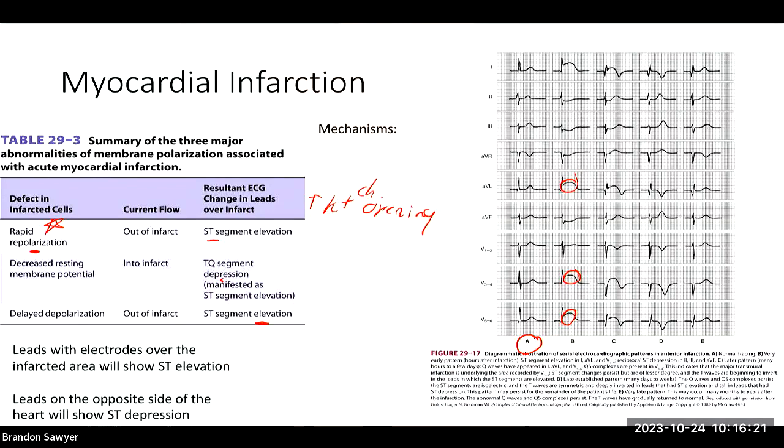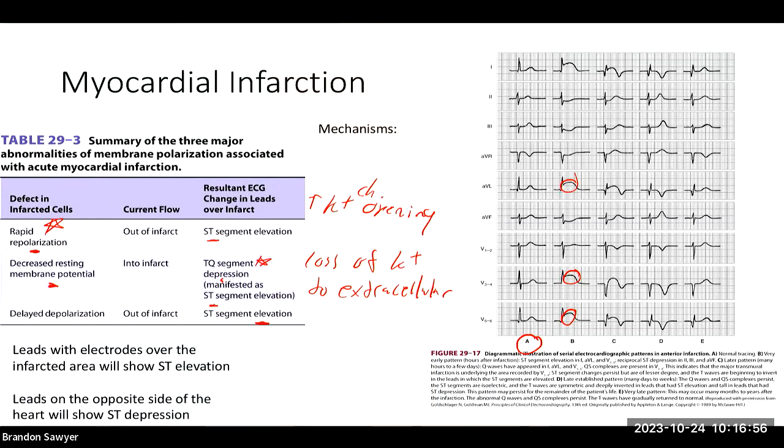A little bit further on, we see decreased resting membrane potential, okay, which can look like TQ segment depression, which then is really manifested as ST segment elevation. Okay, the main mechanism there is due to loss of potassium to the extracellular space. So when you think about heart cells actually dying, right?